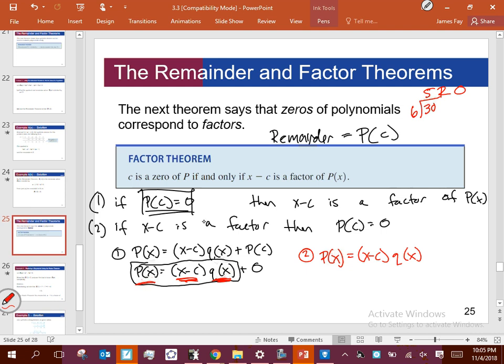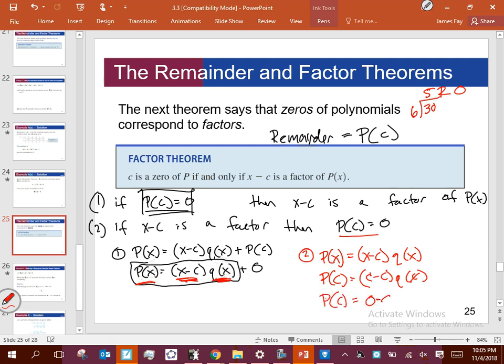Now, it says if x minus C is a factor, then P of C equals 0. Let's see what evaluating at C looks like. If I evaluate this at C, P of C is equal to C minus C times Q of x. Well, what's C minus C? 0.